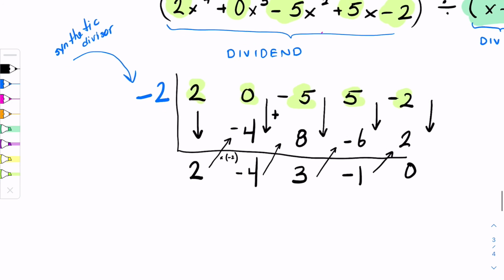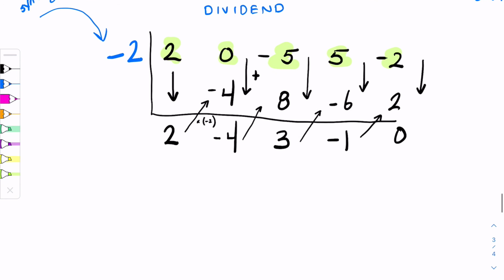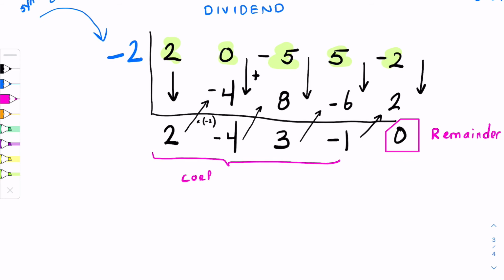Now here you work backwards. This last number, whatever is your last number here, is going to be called your remainder. And then these are your coefficients. Starting with the constant term, I'm working backwards.